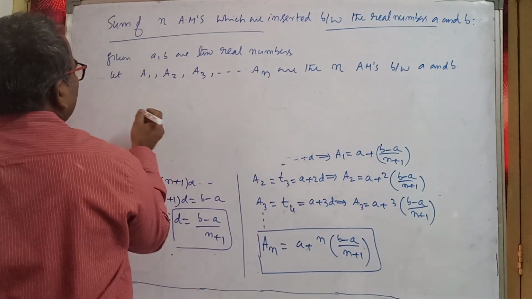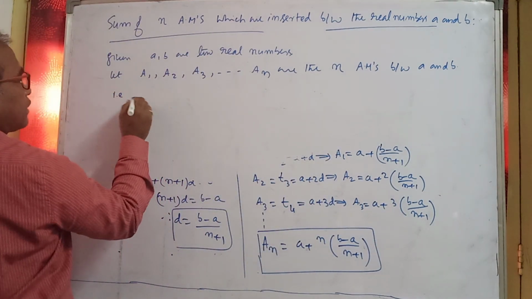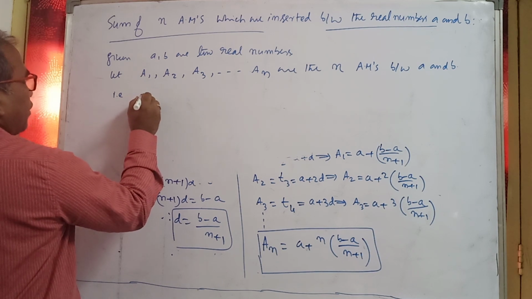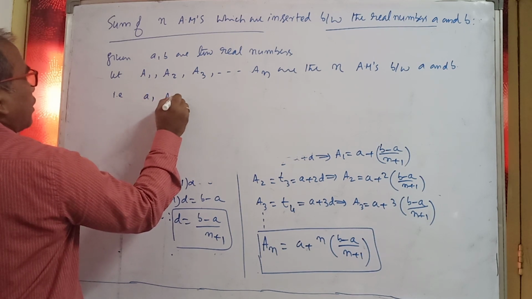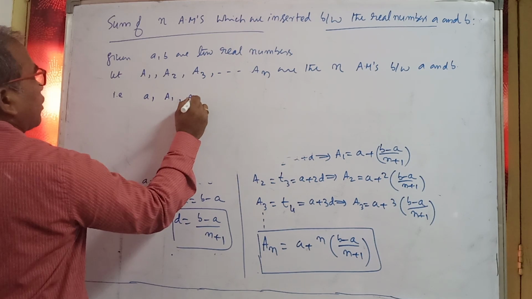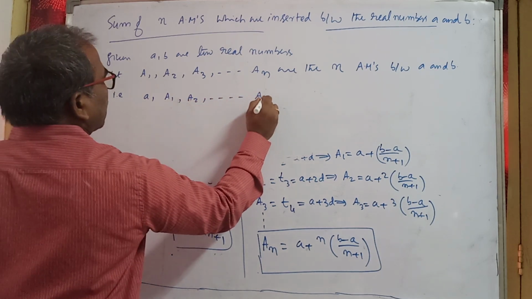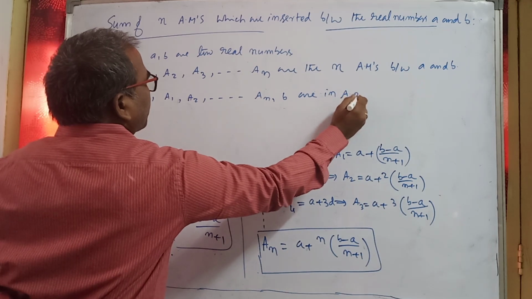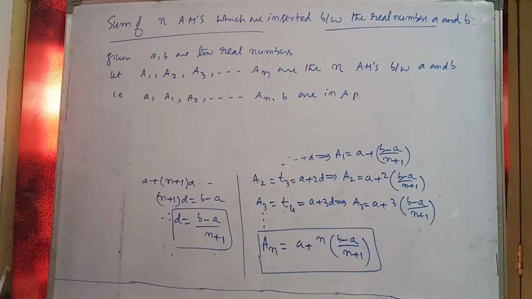What does it mean? That is, a, a1, a2, ..., an, b are in AP.